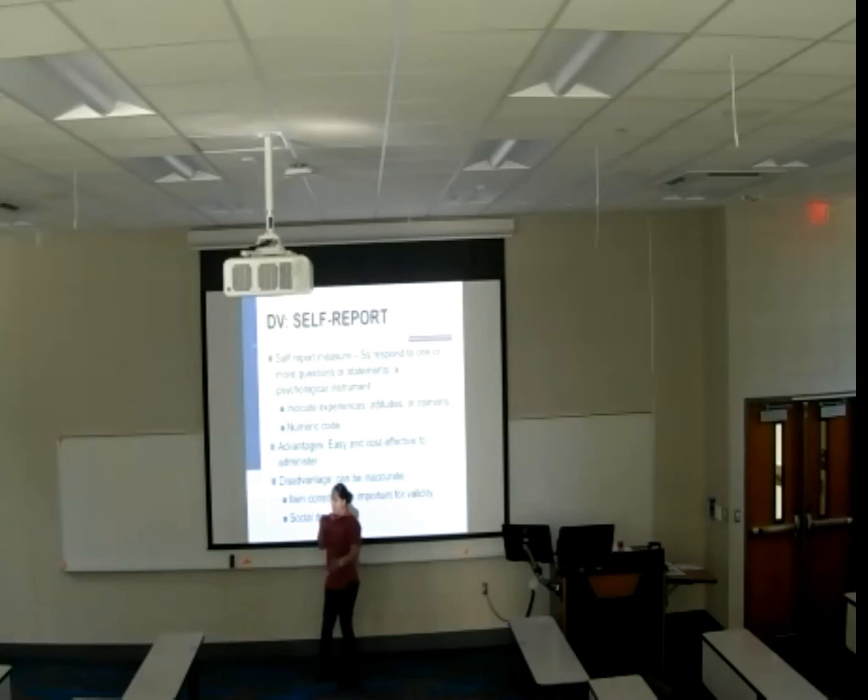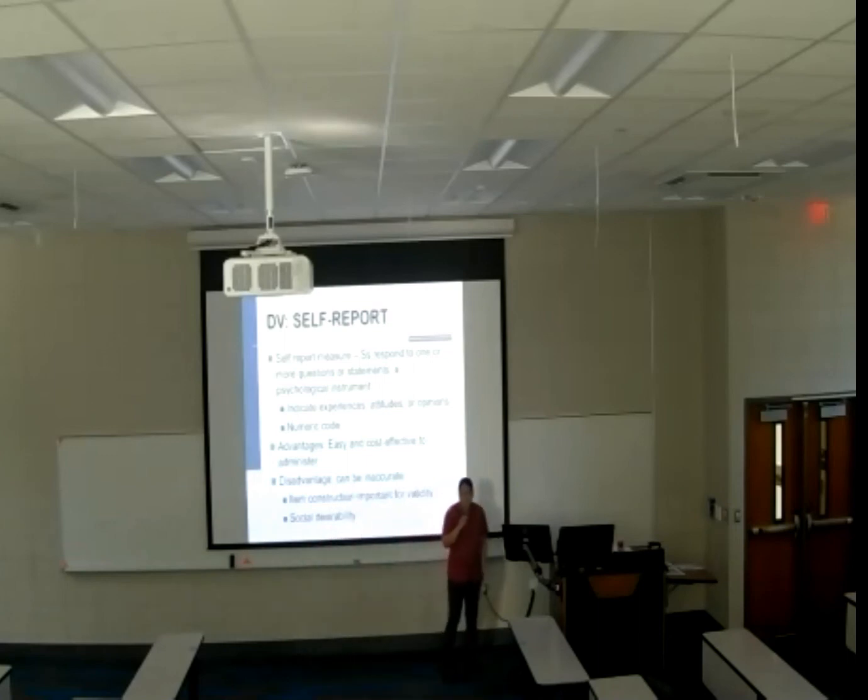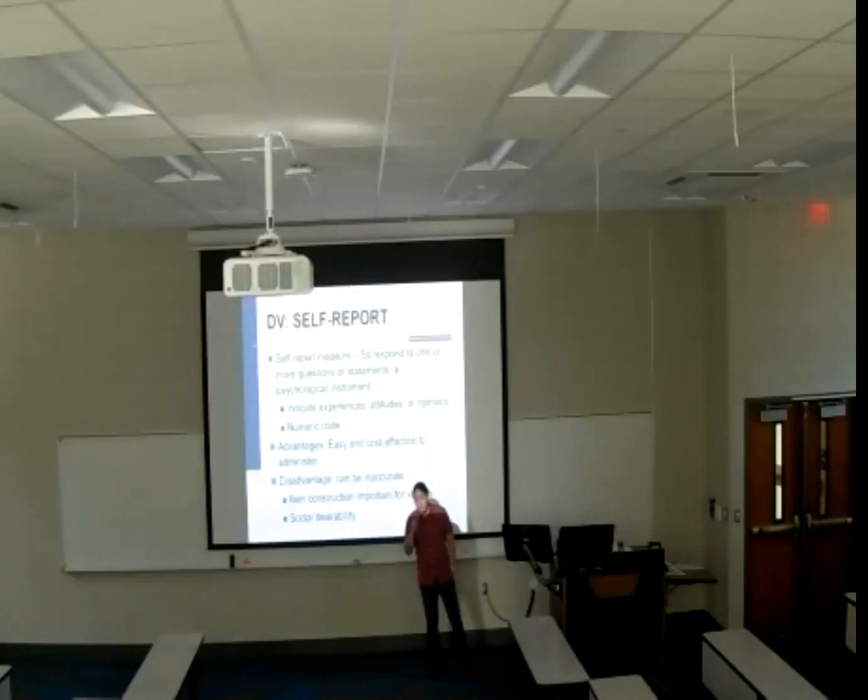So in that self-report measurement, you can ask individuals, how likely are you to hit your spouse? How comfortable do you feel with the idea of hitting your spouse? An example of a potential question like that would be: I would like to hit my spouse. Do you somewhat agree, neutral, somewhat disagree, don't agree at all?